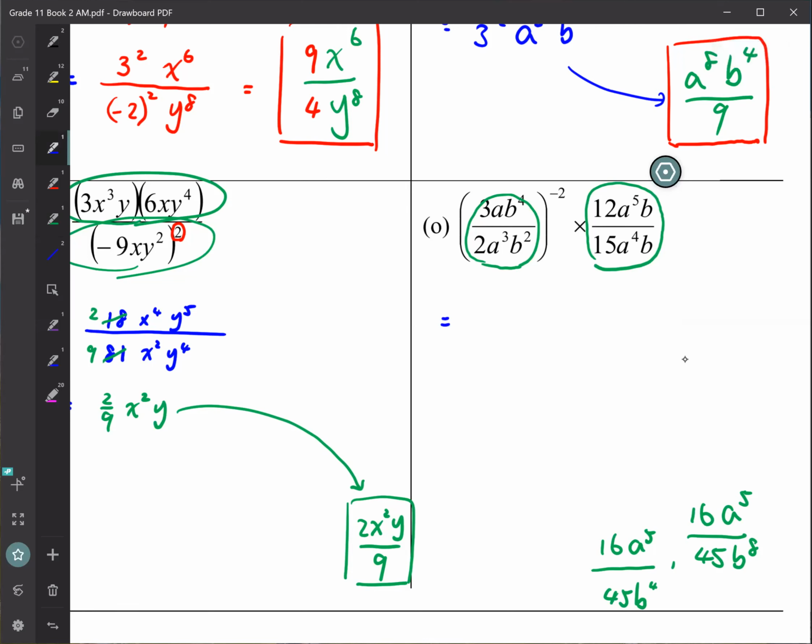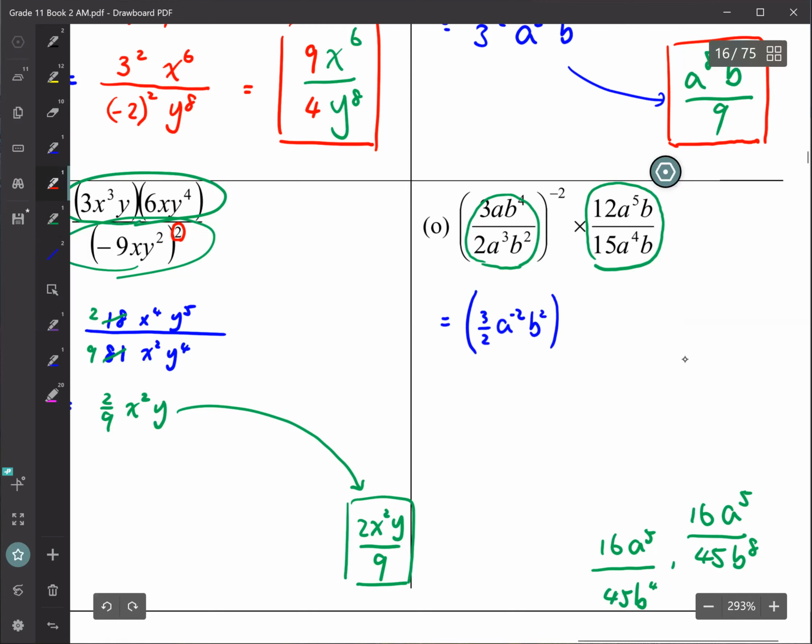So we have 3 over 2, a to the negative 2 because of 1 minus 3, and then b squared. So that's for the first one. Everything on the inside, I make simple first.